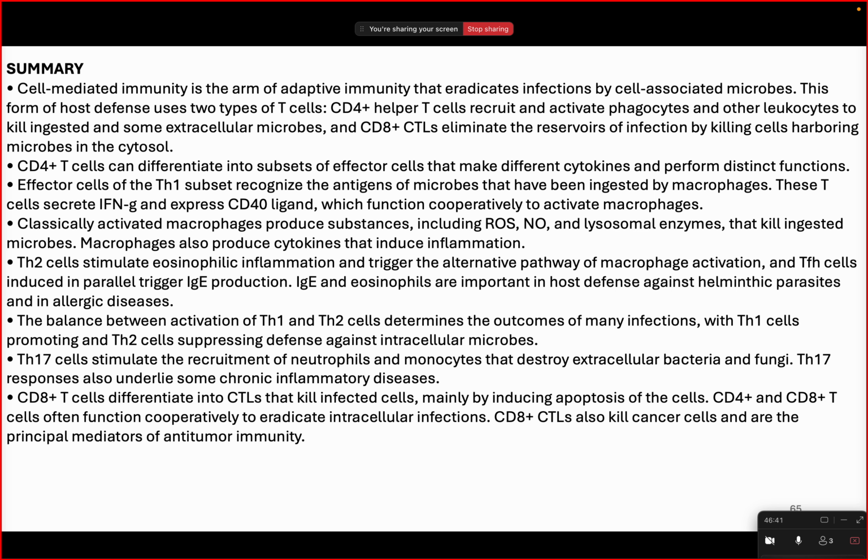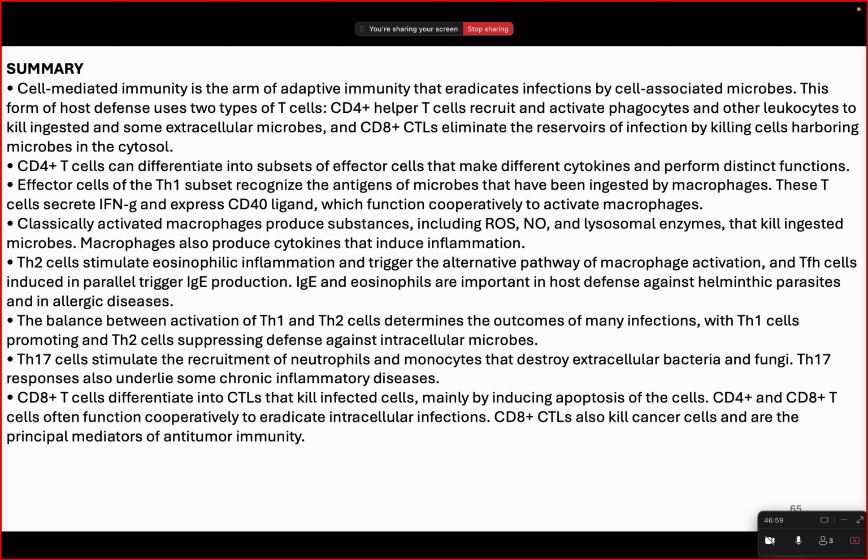Cell-mediated immunity is the arm of adaptive immunity that eradicates infection by cell-associated microbes. CD4 positive T cells can differentiate into subsets of effector cells that make different cytokines and perform different functions.